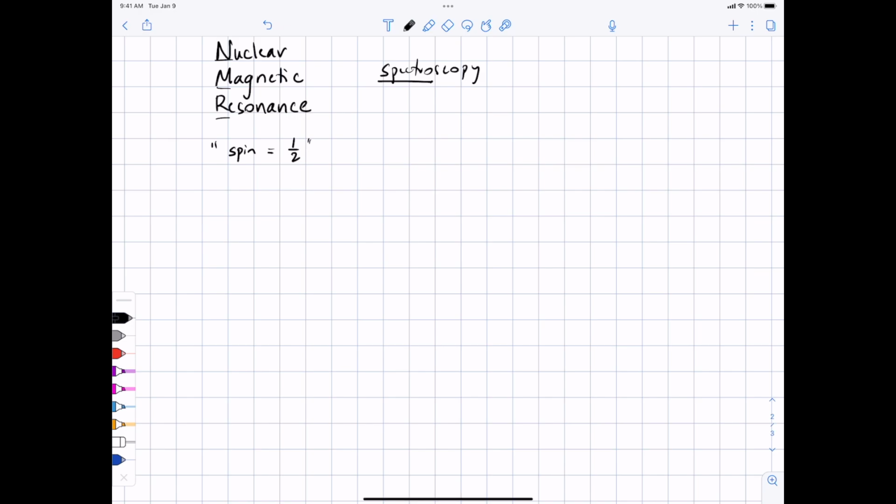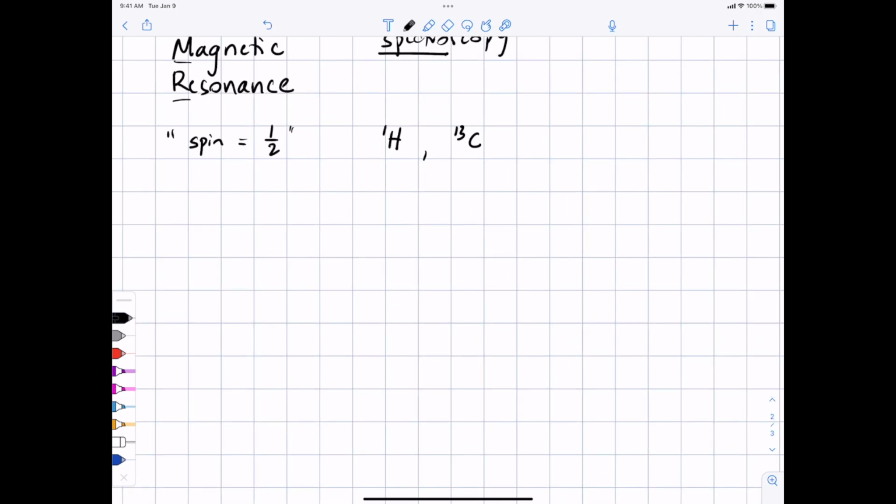physics are fairly easy to interpret are the major isotope of hydrogen, the proton, and a minor isotope of carbon, C13. Just to point out, I'm going to get this wrong actually, so let's see if I've got it anywhere.